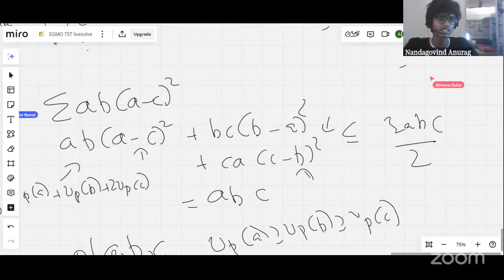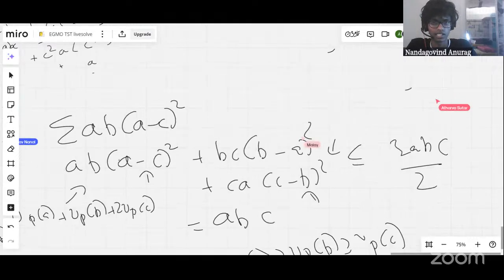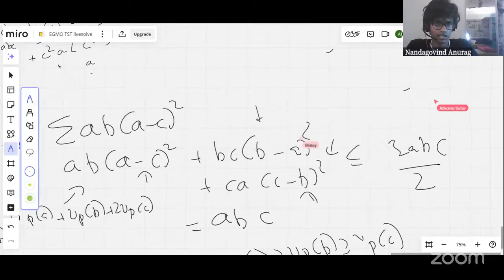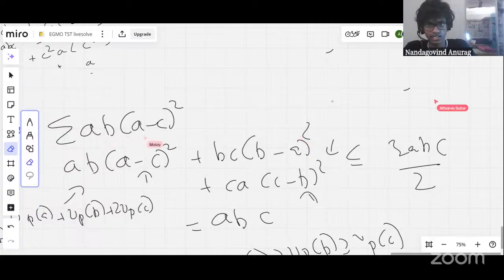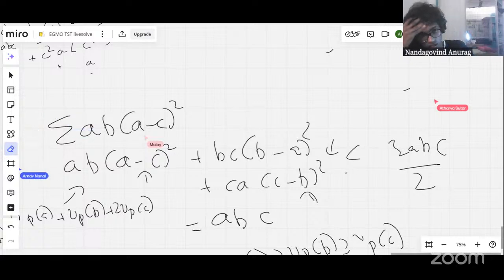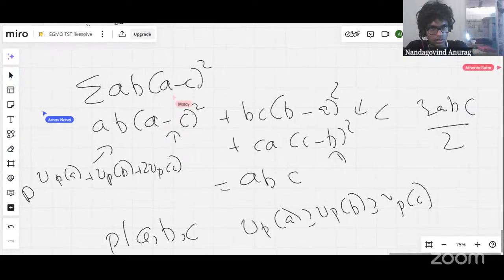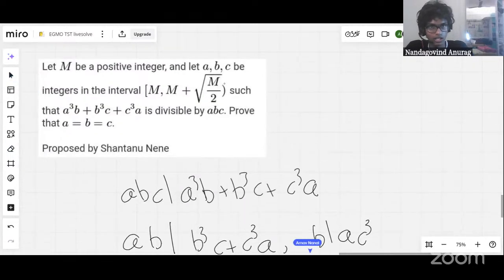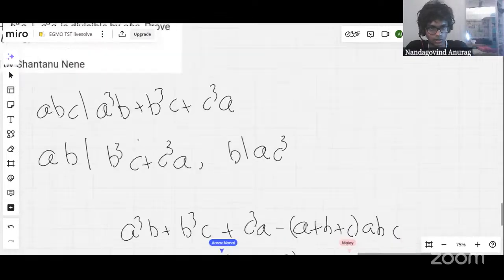I'm trying to see if we can optimize this sort of argument. Like if less than or equal to 3ABC, first of all we can say that's less than 3ABC strictly, although that doesn't help us too much, because m by 2 is not included in the set, under root m by 2.